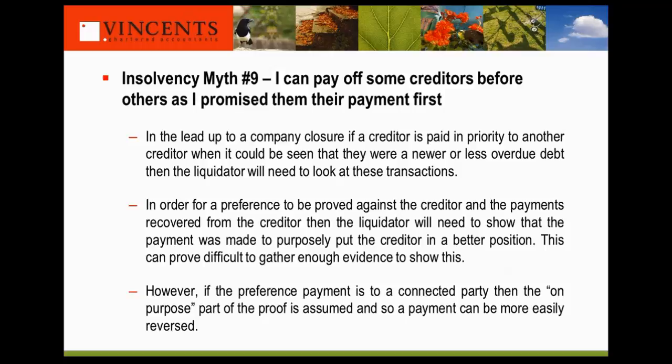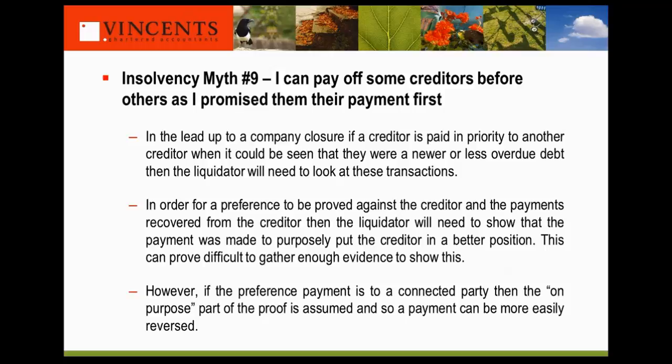Where preference payments have been made to the ATO, these payments are actually quite frequent, and they're in relation to debts that are not given a priority. So for example, ATO debts that are not superannuation guarantee charge, so PAYG and income tax, for example, a liquidator usually does pursue recovery of those preference payments.